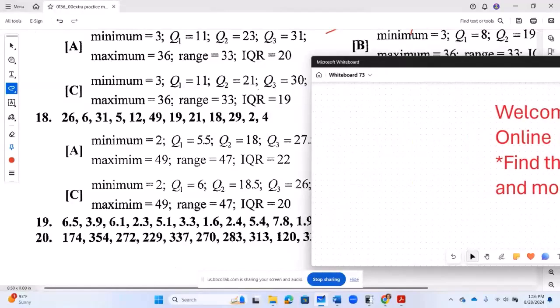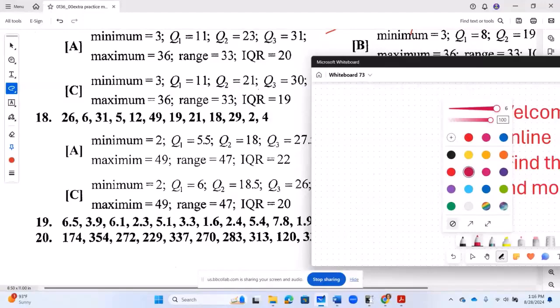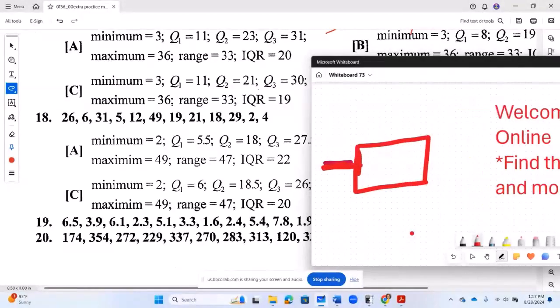Remember from your middle school. Oh, that's big. That's a giant one. Okay, this one looks like a box plot.